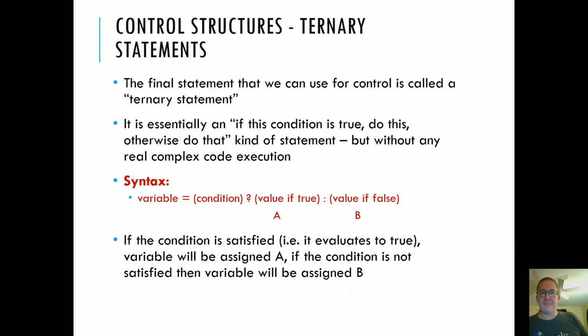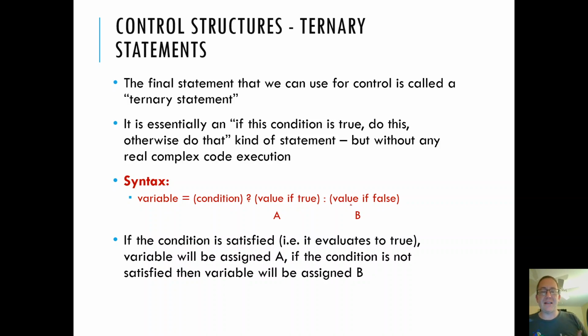Something like that. Okay. So a ternary statement is this inline, one-line statement. If the condition is true, do this, otherwise do that. And it's trying to simplify the code. There's no real complex code. You can have ternary statements inside of ternary statements. So it can have this variable is equal to condition, question mark, another ternary expression right there, and maybe another ternary expression in here.